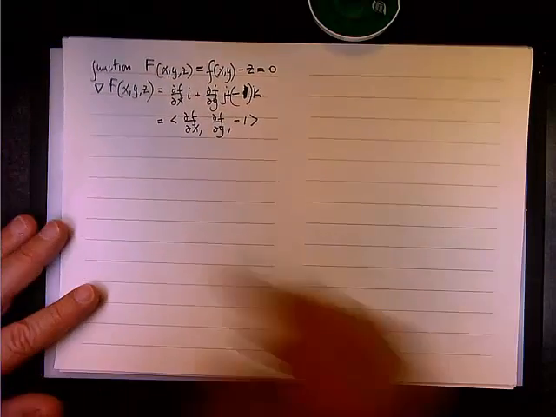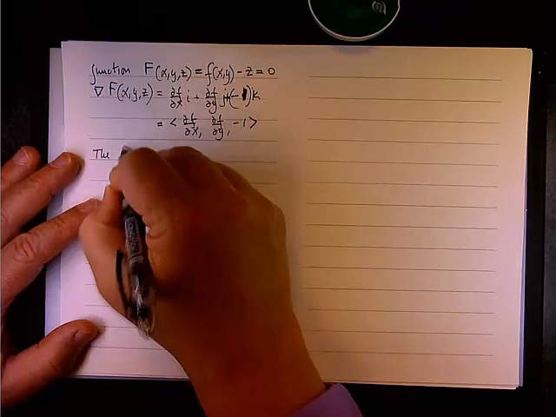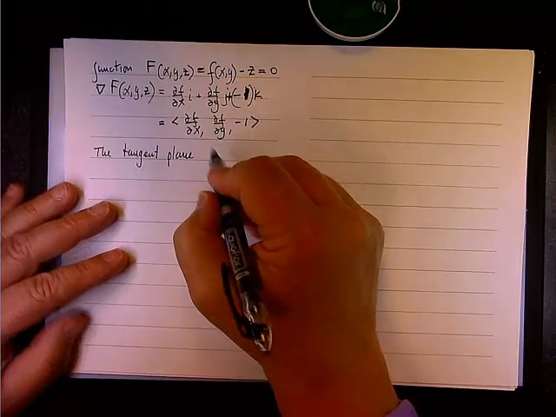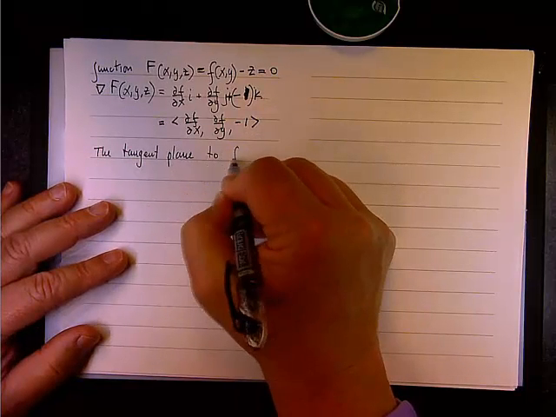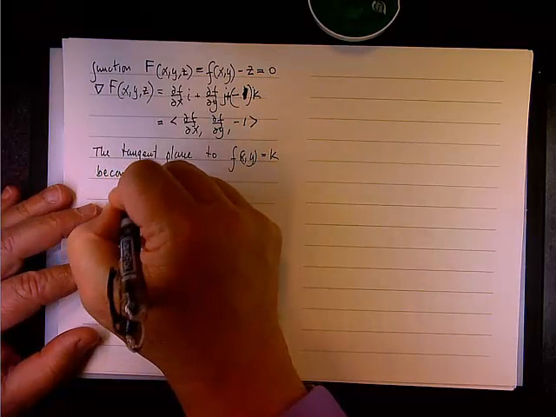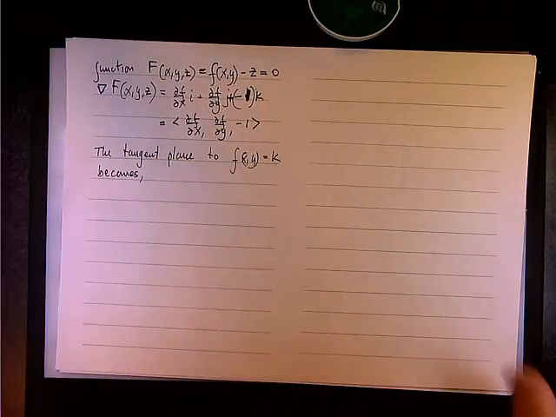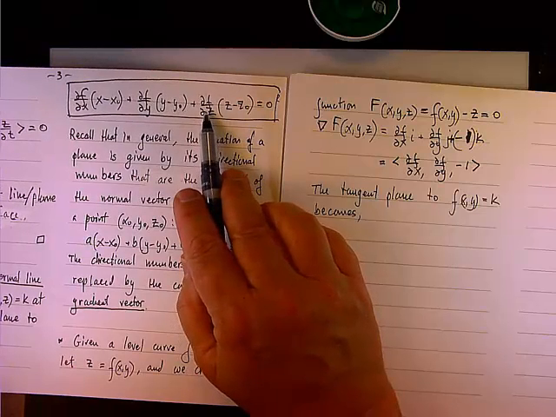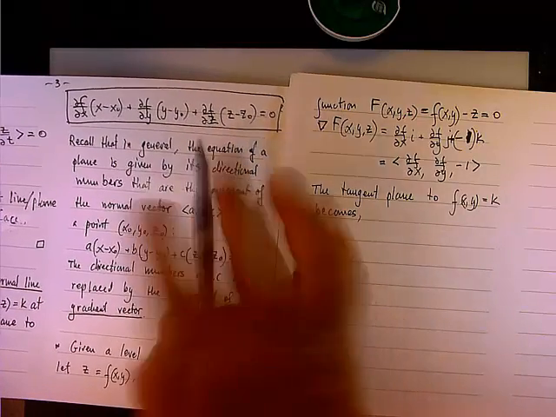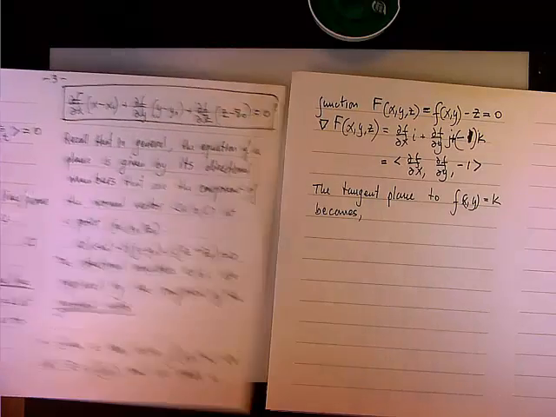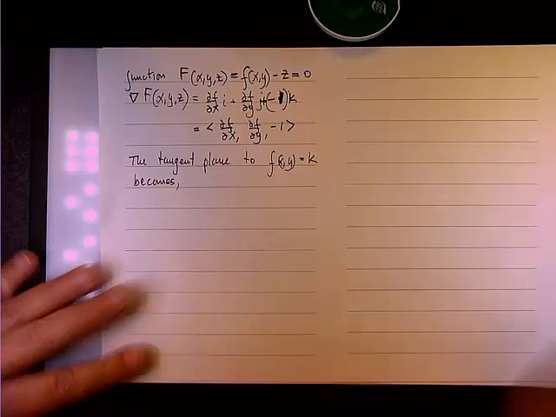So what happened to the tangent plane? If you place this right here, knowing that the coefficient of z is -1, then the first two expressions are the same, and here you have -1 times z minus z sub 0.